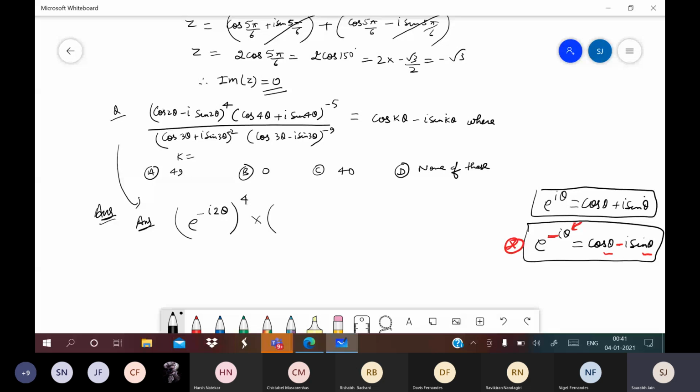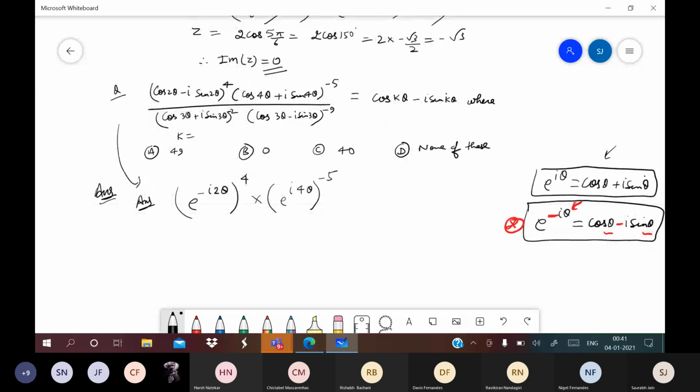Then similarly, what about the next one? Now you can relate very easily. In the next one there is plus in between, so we'll be using this formula. And since 4 theta is the angle, I can write it as e to the power iota 4 theta, to the whole power minus 5. Now regarding the denominator, I could solve this by de Moivre as well, but here I am specifically using Euler's formula.